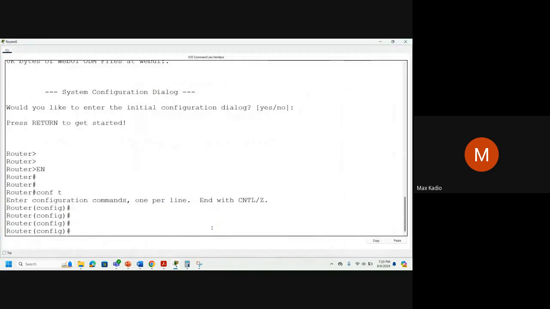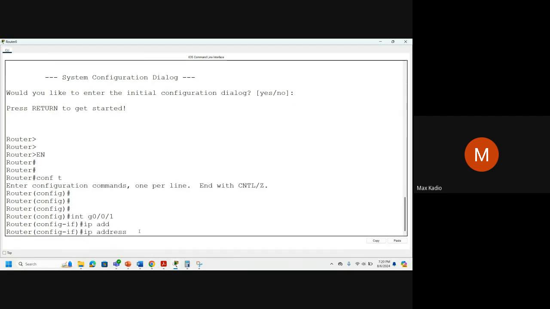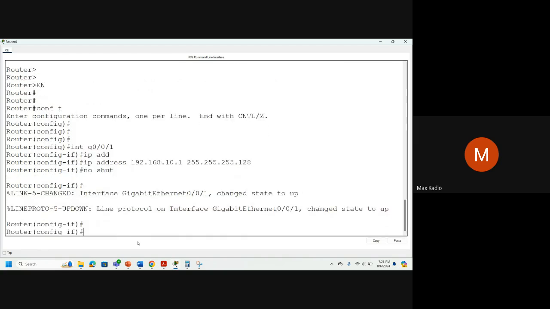You go to that interface G0/1, IP address, and you put that IP address there. And because we see slash 25, so 255.255.255.128. No shut. Always, if you configure an interface, no shutdown.